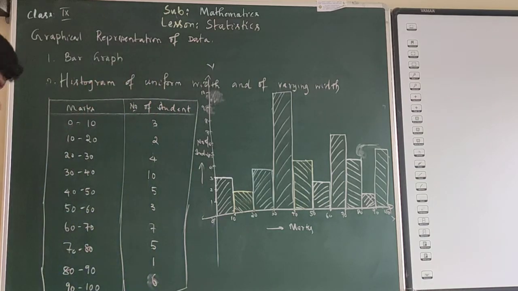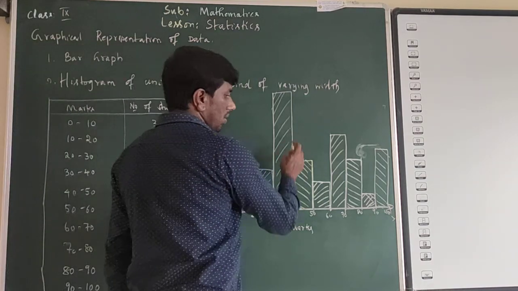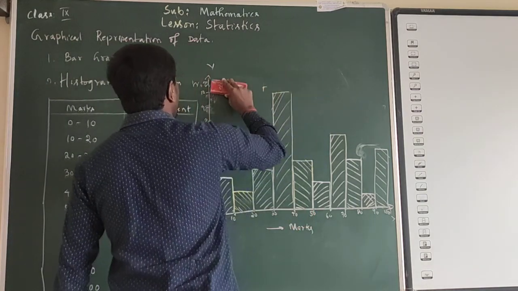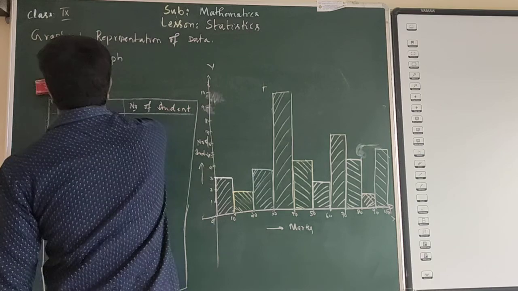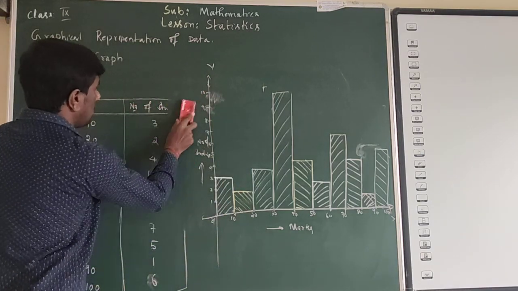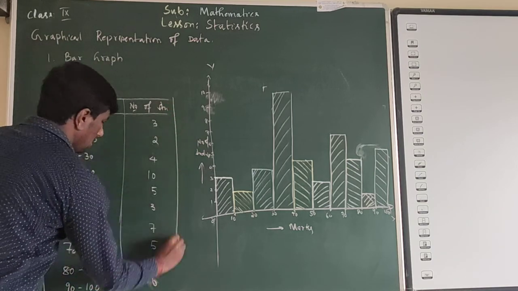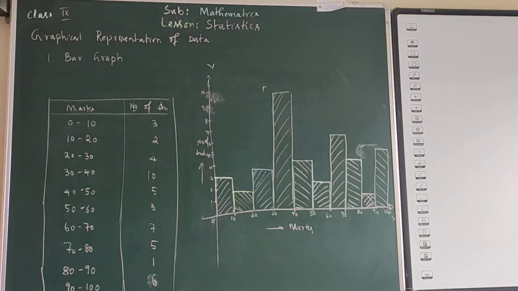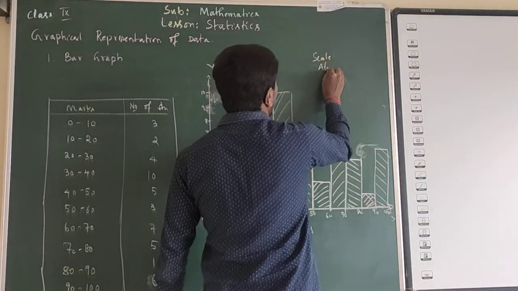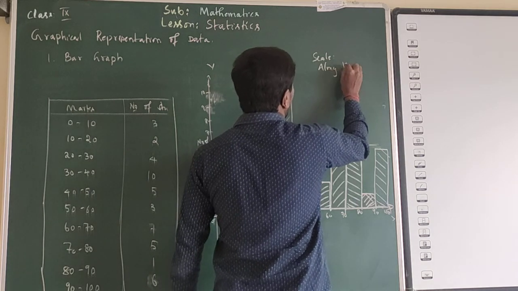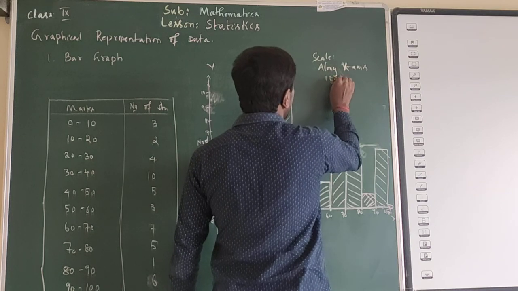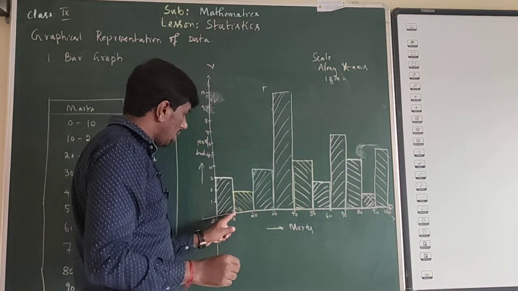Now you can write the scale for this. Along the x-axis, 1 centimeter is equal to how much? 10.